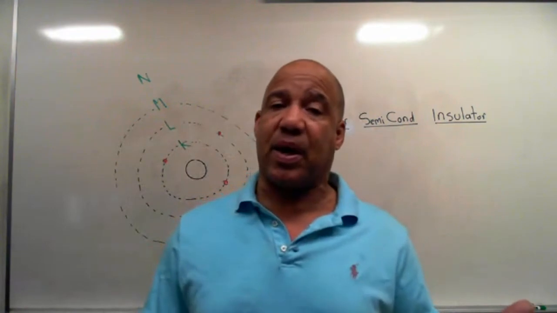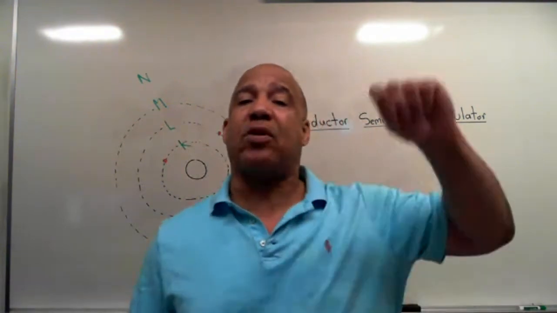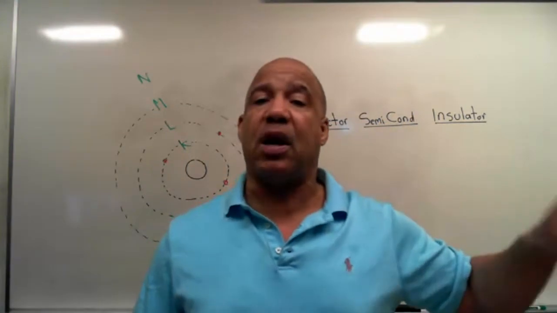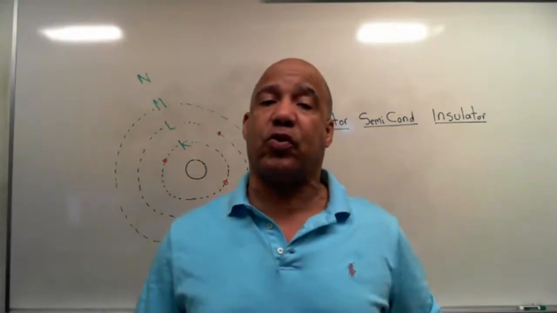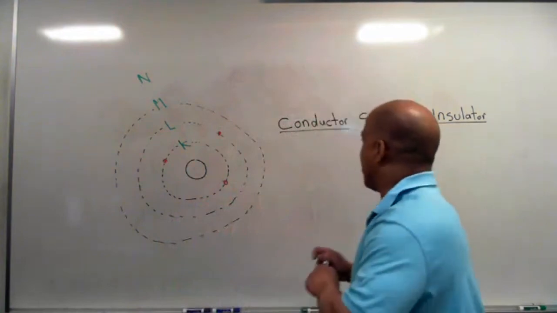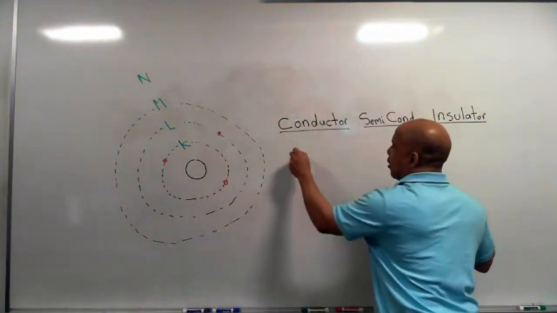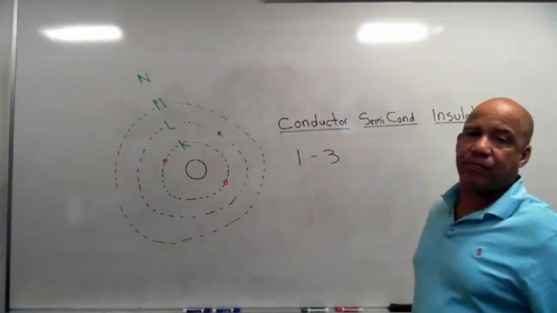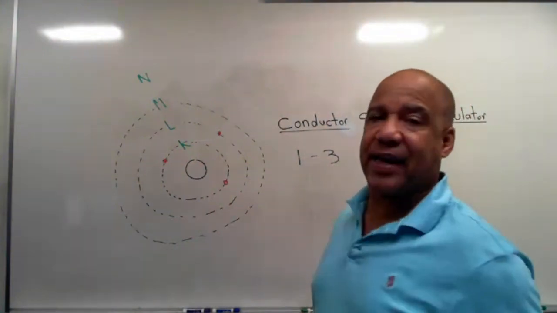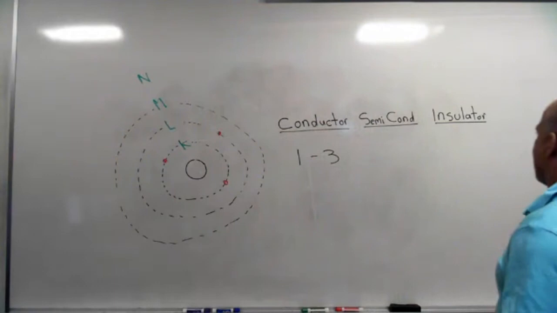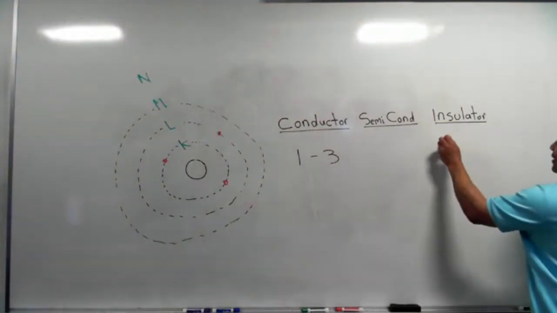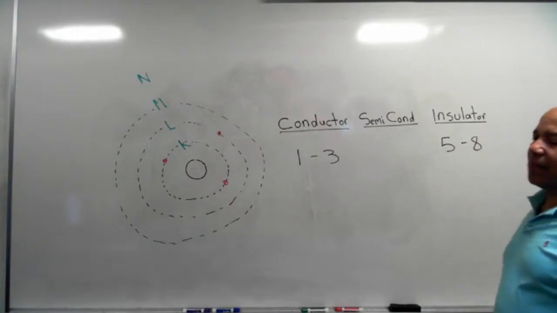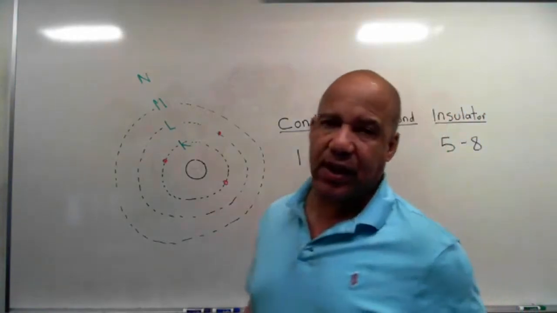The atomic number tells us the number of protons, but since I have a neutral atom, it also indicates the number of electrons. And what we do is we count the number of valence electrons in that neutral atom. If the material has 1, 2, or 3 electrons in the valence shell, then that material will be a conductor. If that material has 5, 6, 7, or 8 electrons in the outermost shell, then that material will be an insulator.